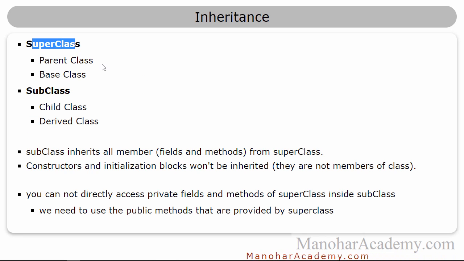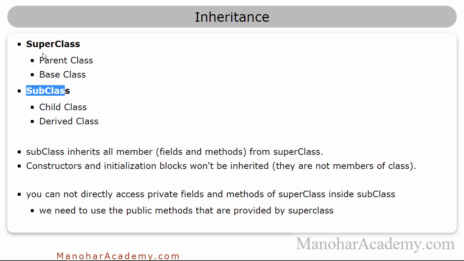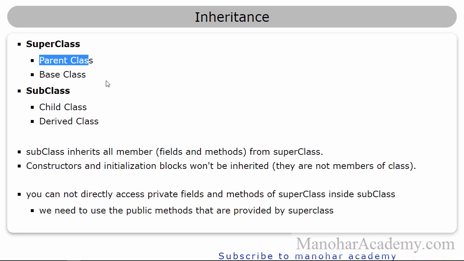For the superclass, there are two other names, that is parent class and base class. Because the subclass is inheriting from the superclass, the relationship is inheritance. In real life, children inherit the assets or properties from the parents, so here the analogy works.